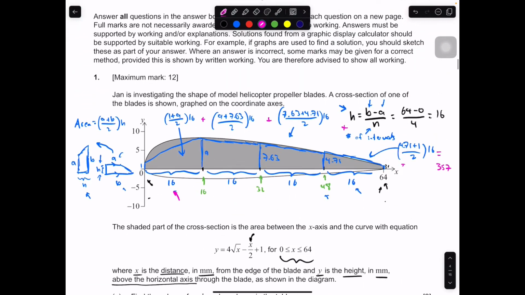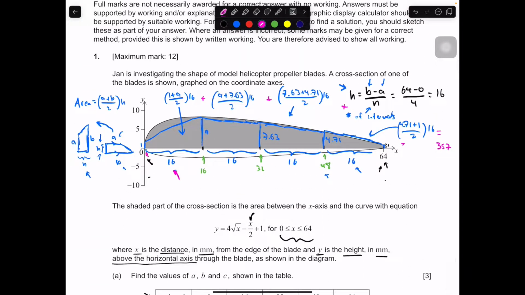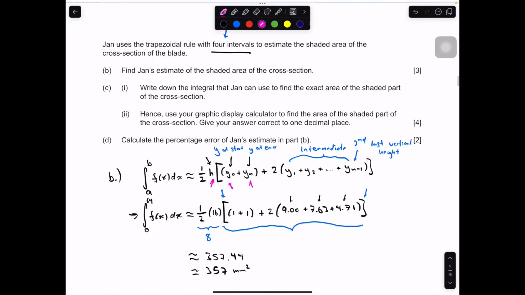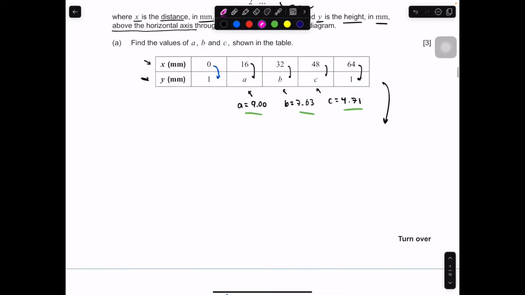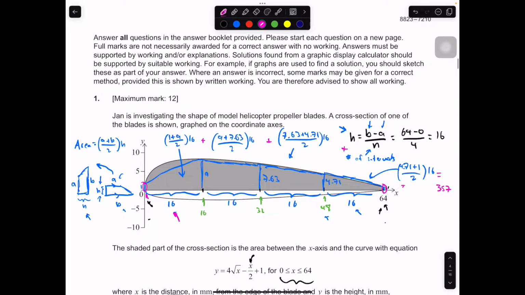You see in our original trapezoid rule, we only had this as part of one trapezoid, and the end point is also just part of one trapezoid. And then we have 2 times these intermediate heights. You see we actually have this as part of one trapezoid, and then it's also part of this trapezoid. So we multiply it by 2, and this we multiply by 2, and this we multiply by 2.